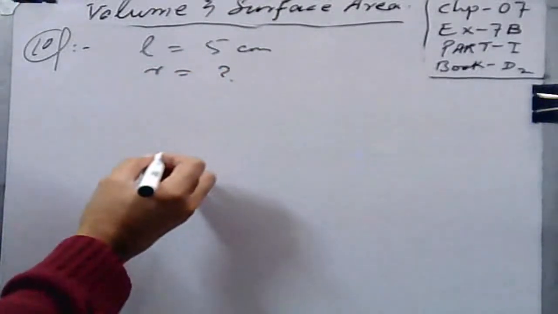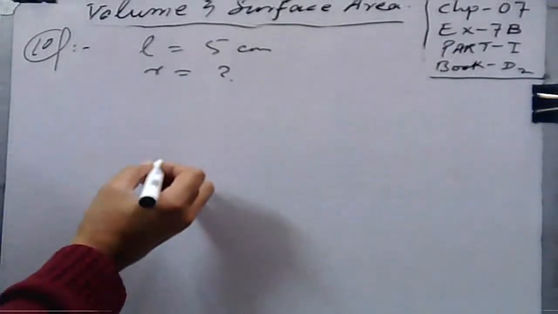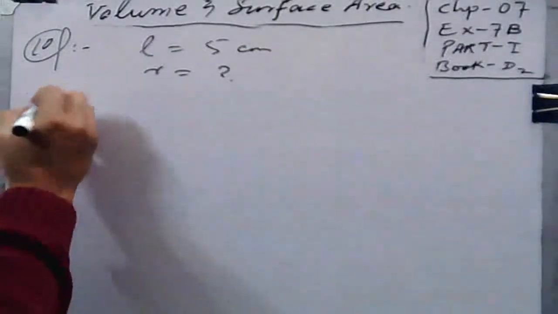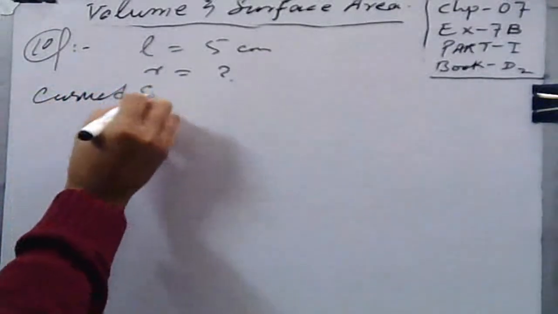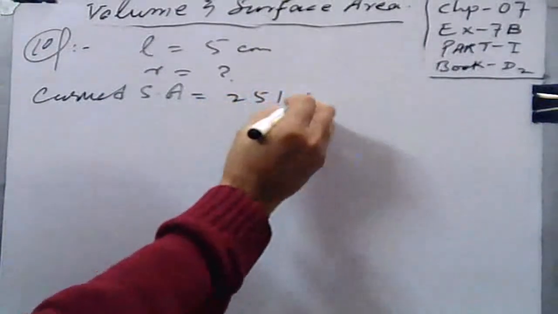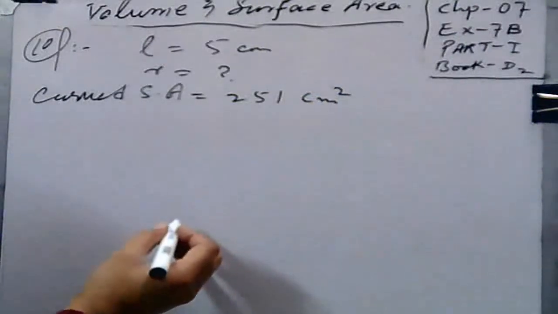The surface area is 251 centimeters square, so that is your curved surface area. Curved surface area is equal to 251 centimeters square. Find the radius R correct to 3 significant figures.